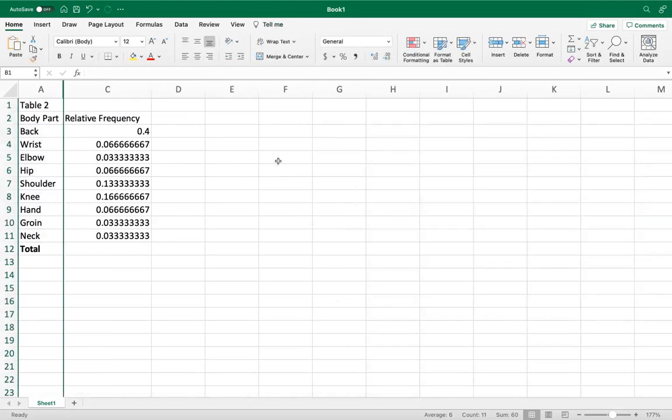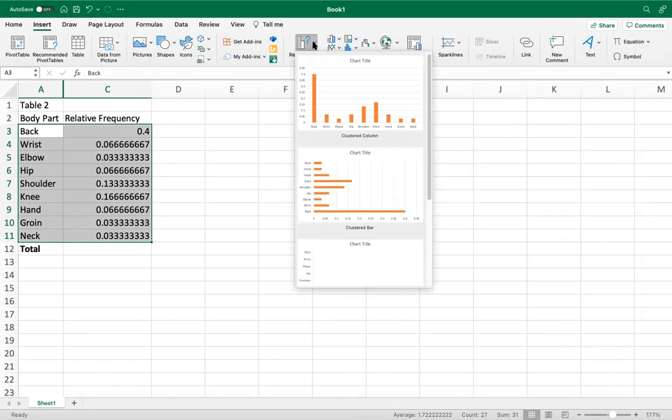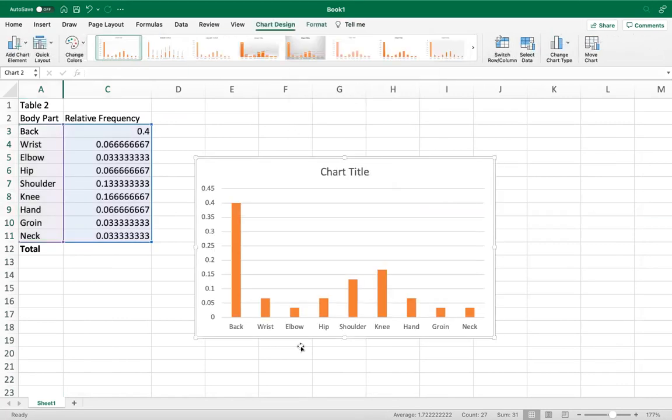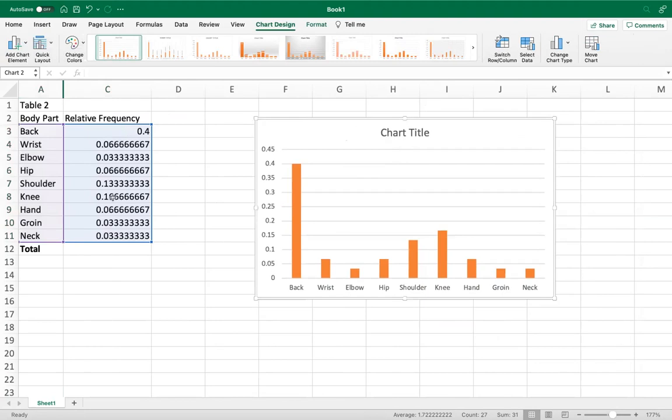So let's delete it. And now what we're going to do is do the exact same thing and graph our relative frequency this time. So grabbing all this data here, we are going to insert a graph. So coming over here, graph this way, and it did everything for us once again. All the data that we accumulated over here, it graphed for us over here.